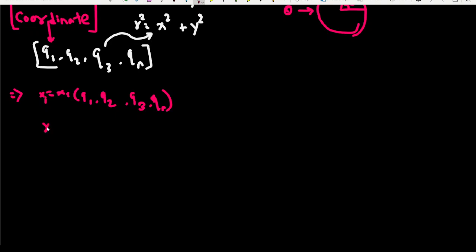In y, you can similarly do this: we substitute yi, and then again q1, q2, q3 and so on. So we have represented the Cartesian coordinates in terms of our generalized coordinates, and the Cartesian coordinates are functions of the generalized coordinates, as you can see here.